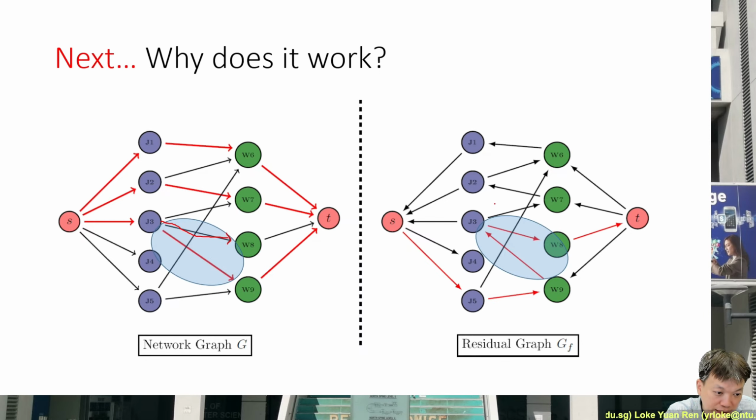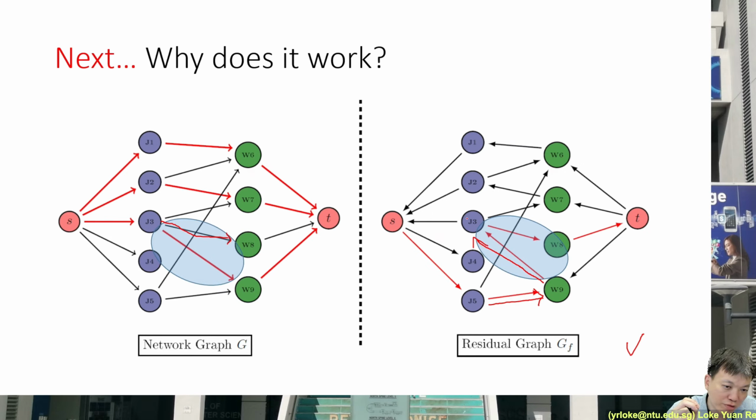Only this particular graph provides the information about the remaining possible matches you can have. That is what the residue graph is trying to tell you. If I want J5 to match with W9, very naturally there's a path from here to here. What is it trying to do? It needs to cancel this.